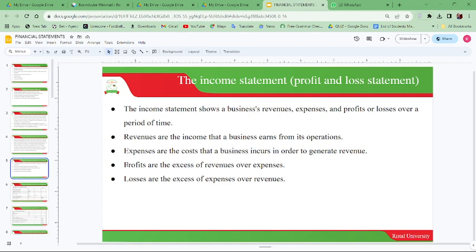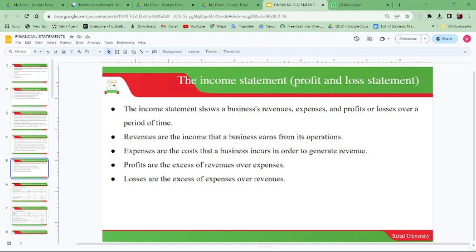So we have profit. Profits are the excess of revenue over expenses. You get your revenue, then you remove all the money that you spent on expenses. You subtract expenses from the revenue to come up with profit.